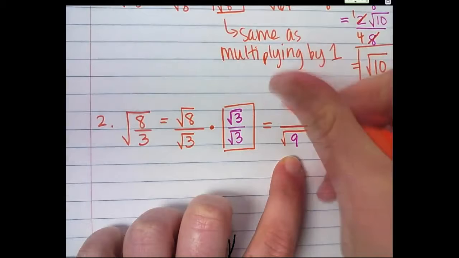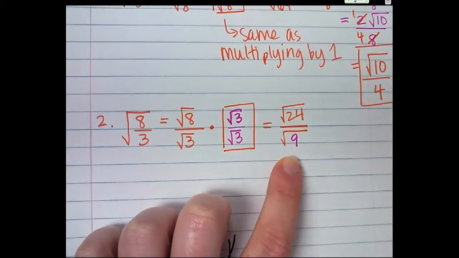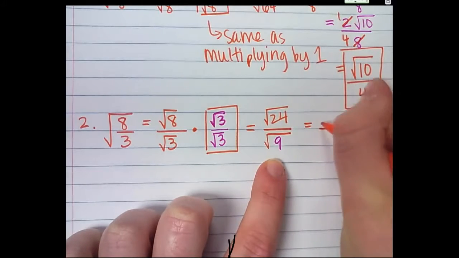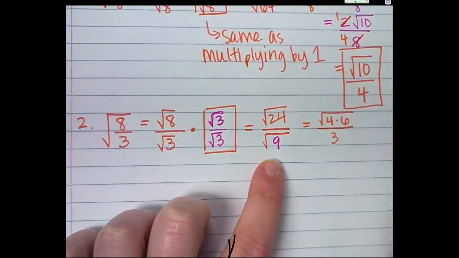What do I get on top? Square root of 24. So on the top, if I break this apart, we get, what, 4 times 6? And on the bottom, we have a 3.